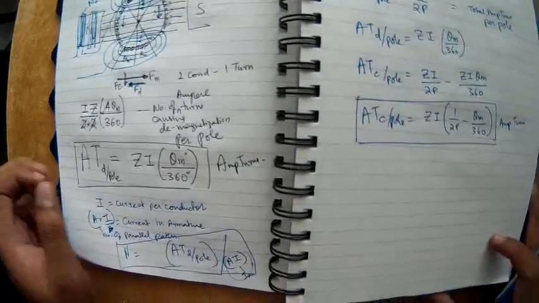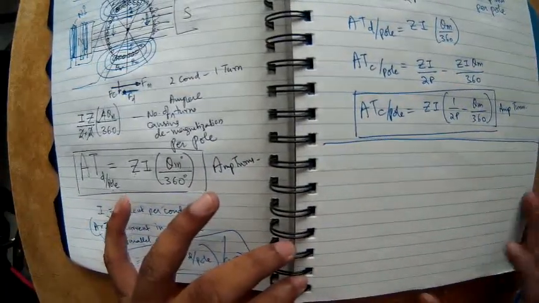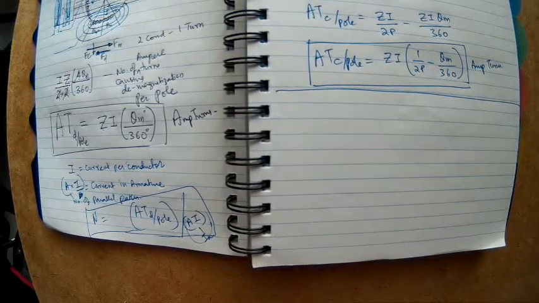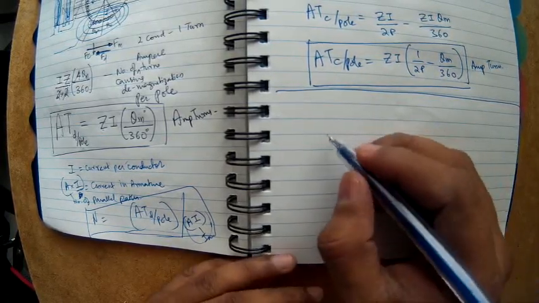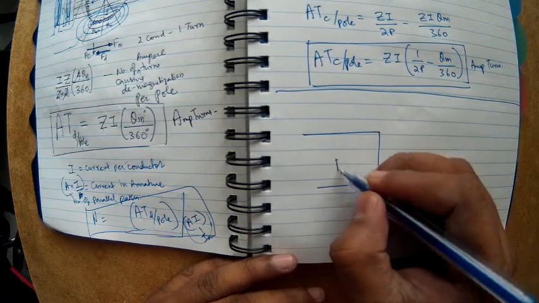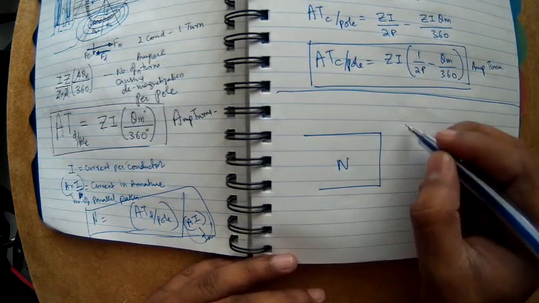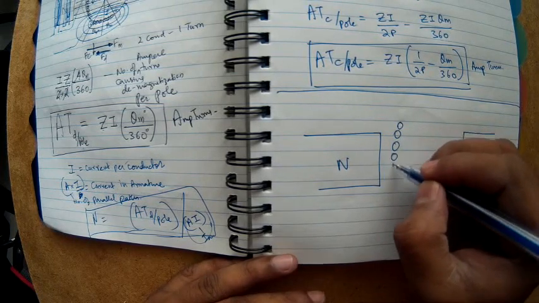Now how do you reduce the effect of the cross magnetization? That is also very ingenious and innovative. What they do is, let's say this is the north pole and this is the south pole. Now there are conductors here which are causing cross magnetization.